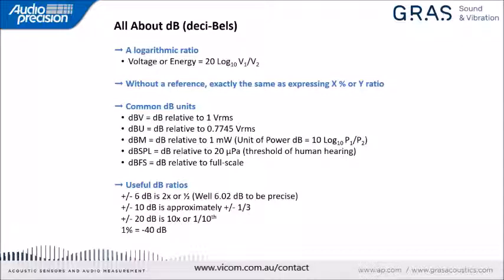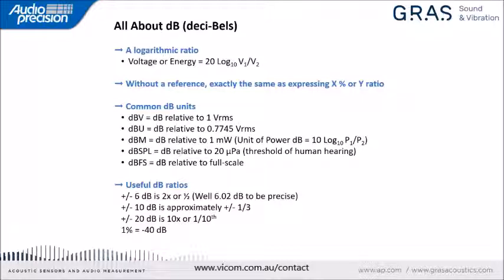The other thing to be aware of with dBm is that it comes from the days when analog electrical audio signals traversed 600 ohm terminated circuits, and so it expressed actual energy dissipated into 600 ohms.